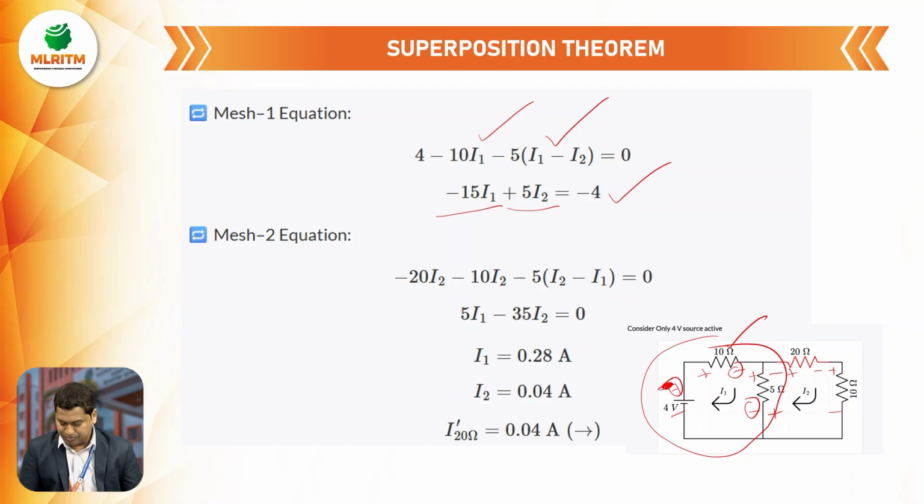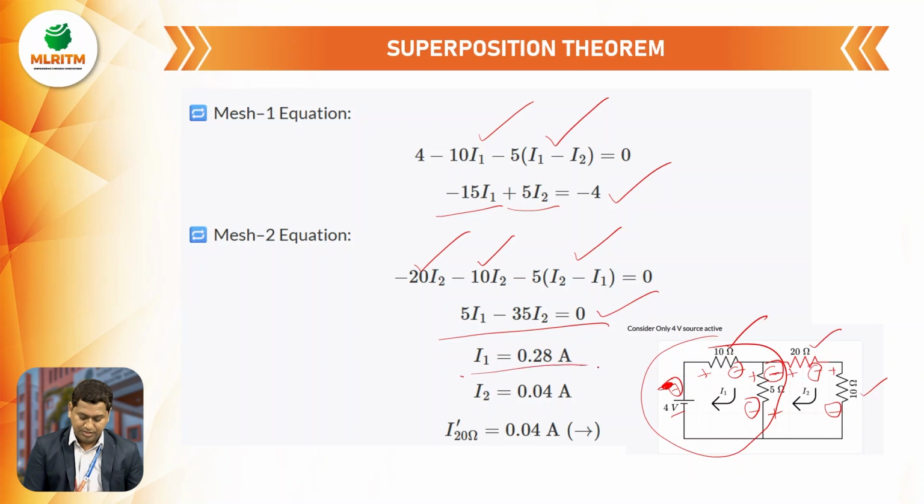Mesh 2. In mesh 2, catching the second terminal, that is minus 20 I2 minus 10 I2 minus 5 times I2 minus I1 is equal to 0. If I keep on solving, finally I get 5 I1 minus 35 I2 is equal to 0.